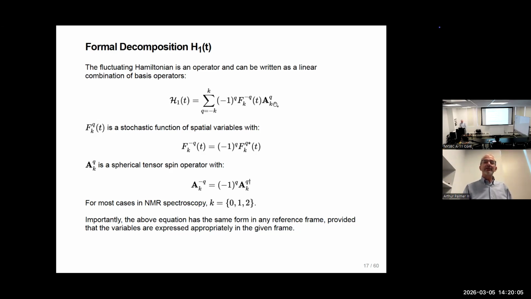So A are the spin tensors. That's T for Ann. F are the spatial terms. That's R, that contain all of the physical constants and the spherical harmonics. And then depending on whose text you follow, this -1 to the Q might be buried inside the R's, or it might be written explicitly.